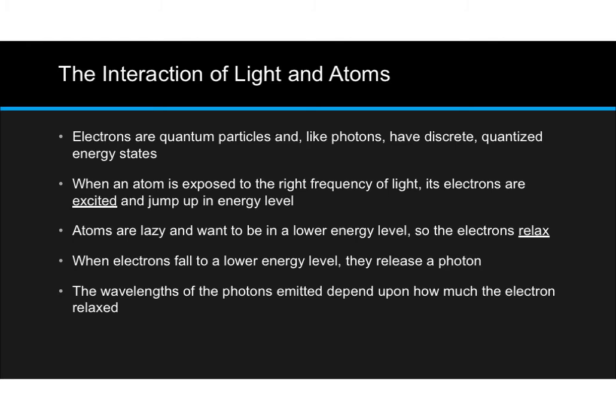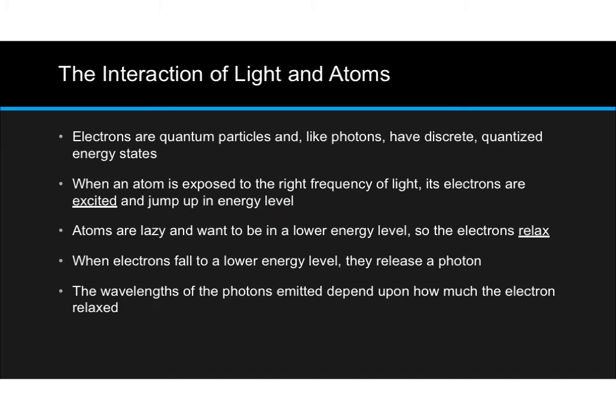So to recap, when an atom is exposed to just the right frequency of light, electrons around the nucleus can absorb and become excited by that light and jump up in energy level to a higher energy shelf.